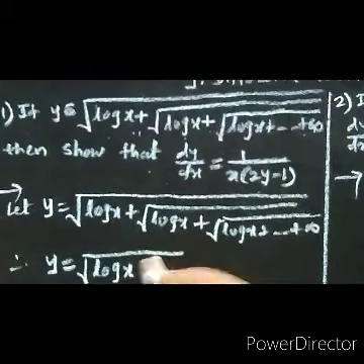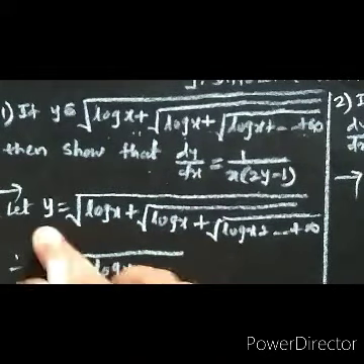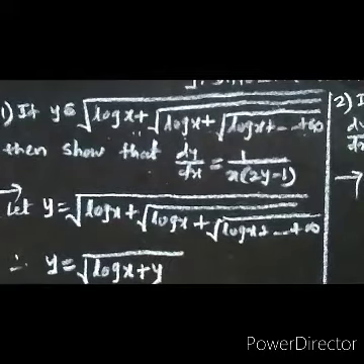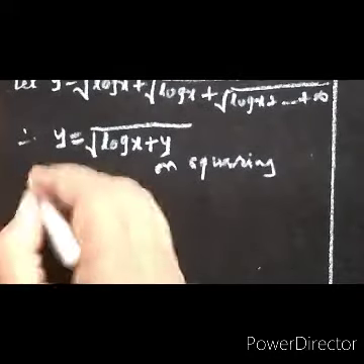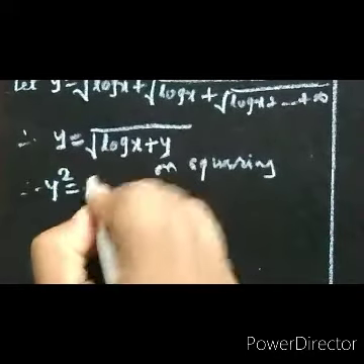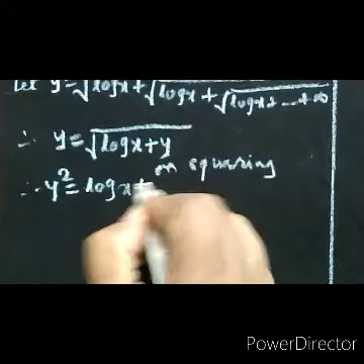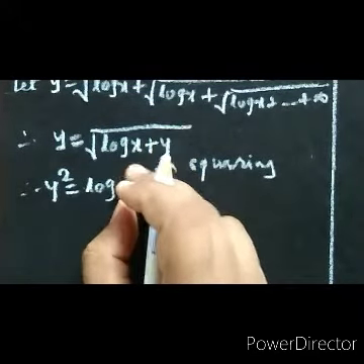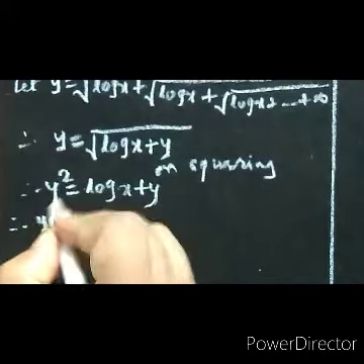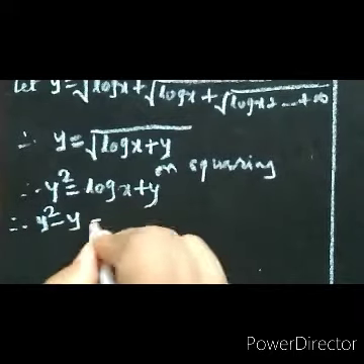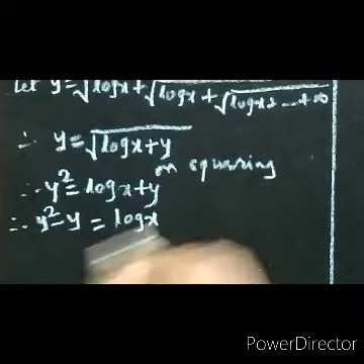So the value of this is y, which means y equals the square root of log x plus y. Now on squaring both sides, we get y square is equal to log x plus y. Square of the square root, we get log x plus y. Now therefore y square minus y is equal to log x.